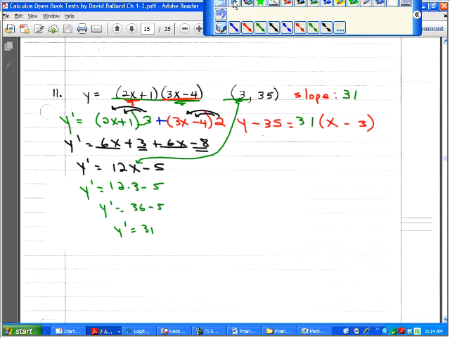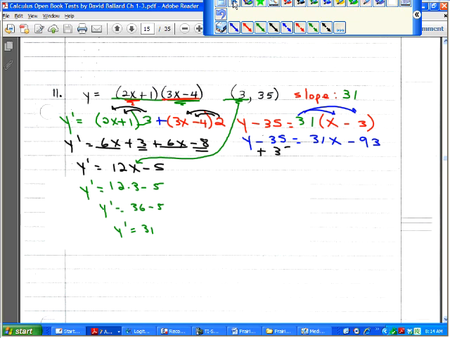We put that in our slope position in our point slope formula. And now we can change it from point slope form into slope intercept form. To do that, we will distribute. So we're going to have y minus 35 is equal to 31x minus 93.